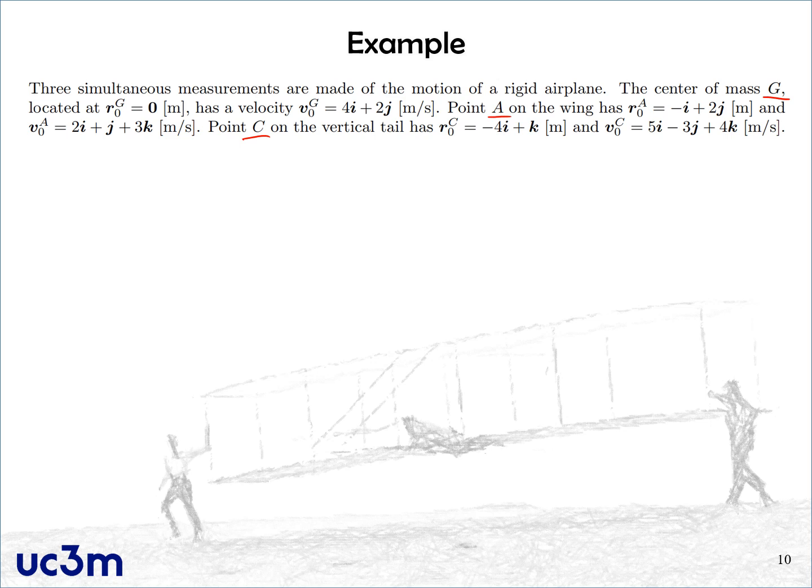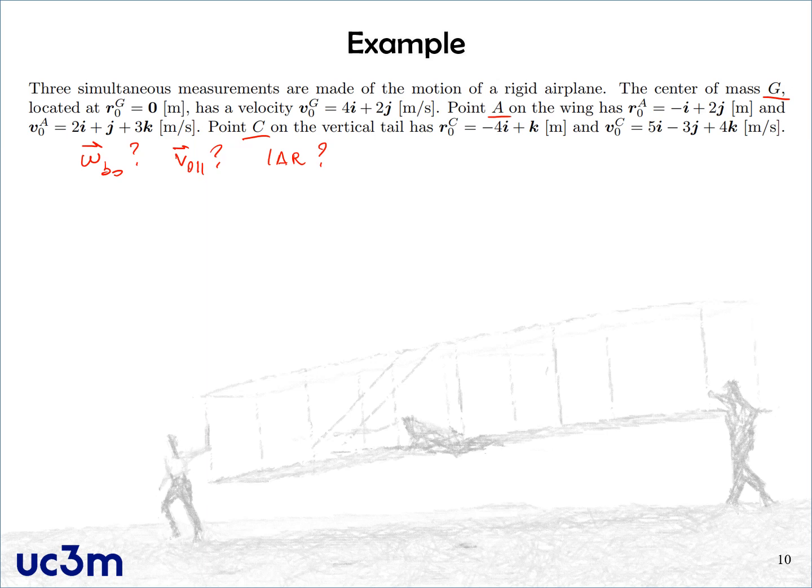And we want to know what is the angular velocity of the body at this instant, what is the parallel velocity, if any, the slip velocity, the type of motion that this aircraft is doing, and what is the instantaneous axis of rotation and slip. So these are the things that we want to know.